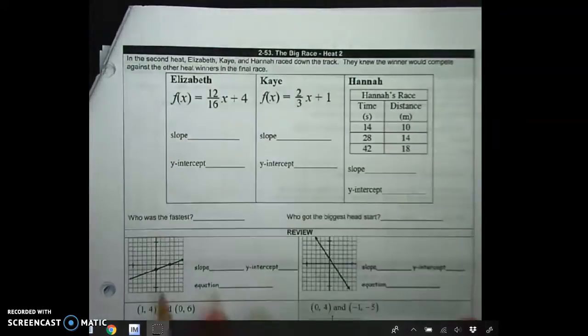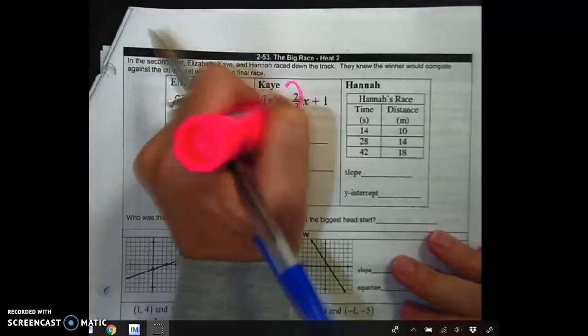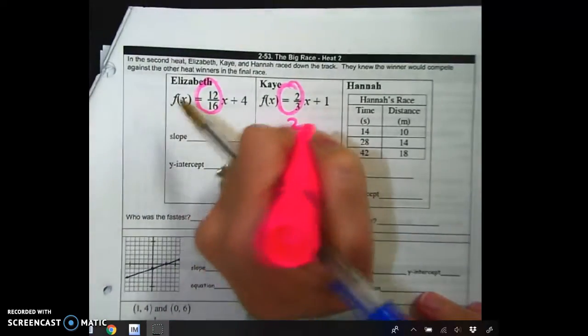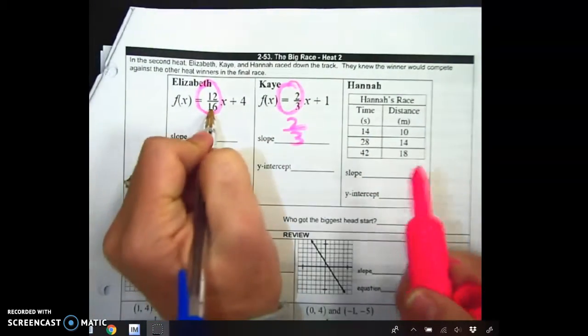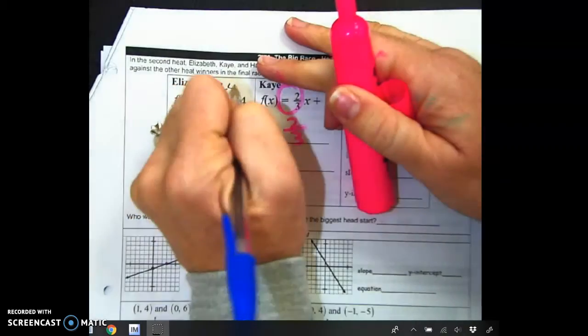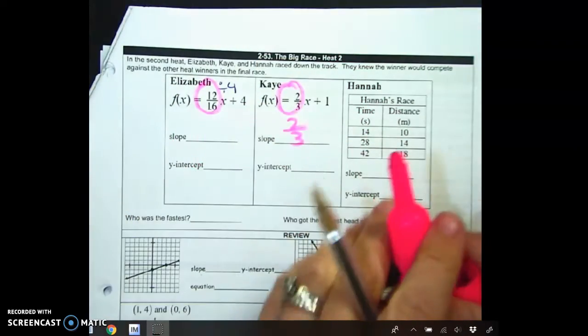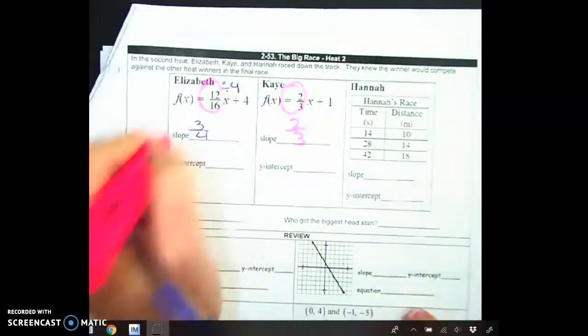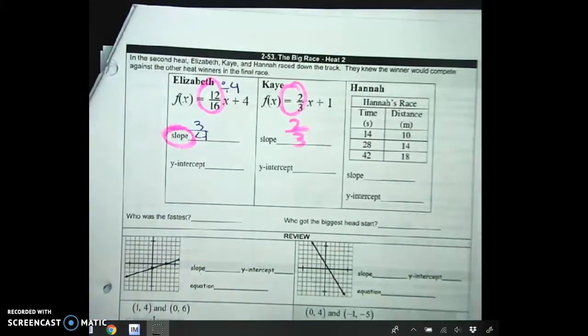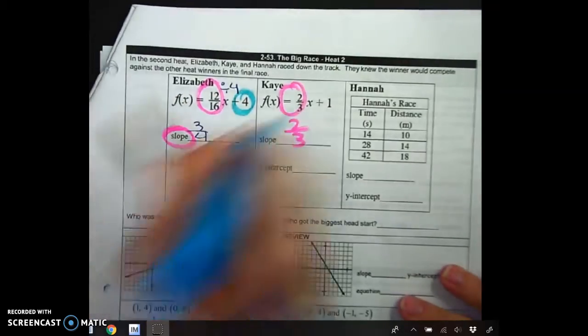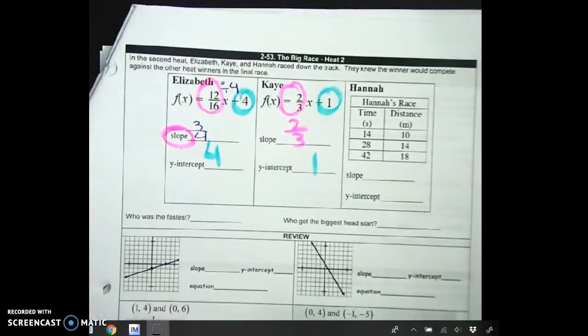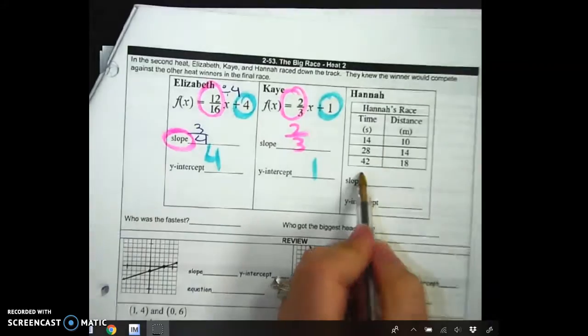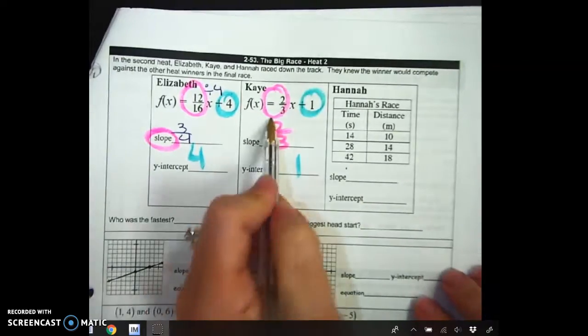All right, the slope. So that's 2/3. But this is actually something where you should be able to divide by 4. So divide by 4. So 3/4. That's my slope. And then my y-intercept, 4, 1. Okay? This one's a little bit more difficult because the slope isn't just given.